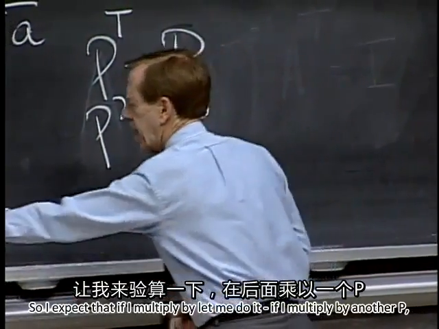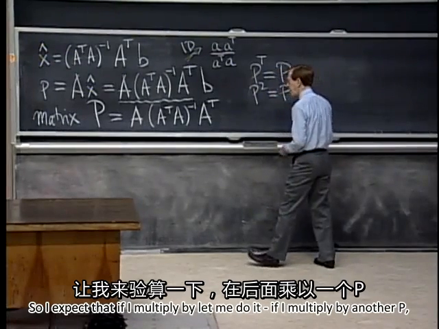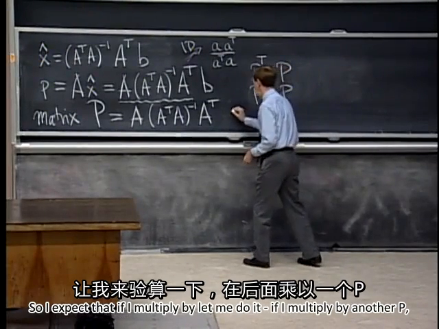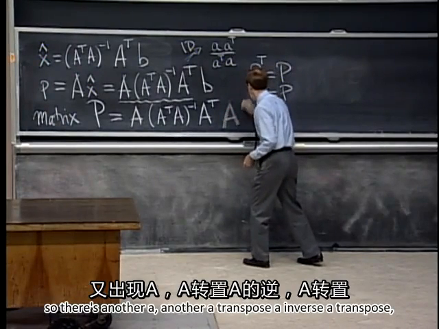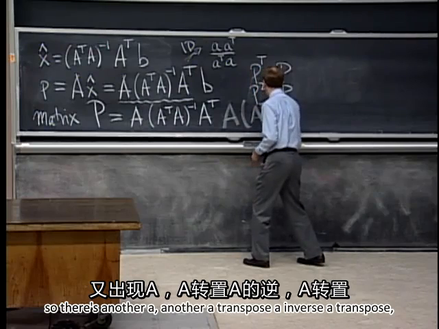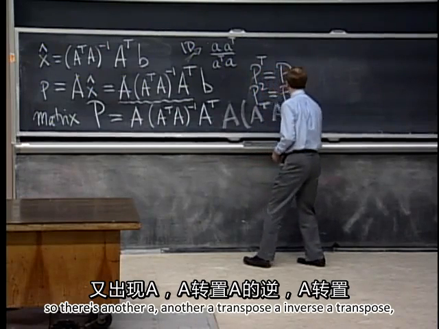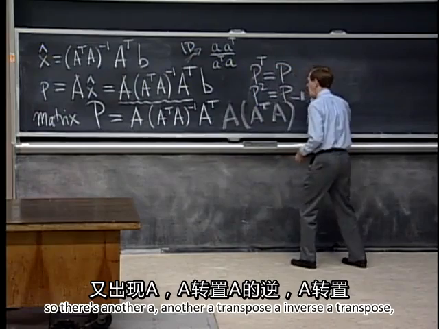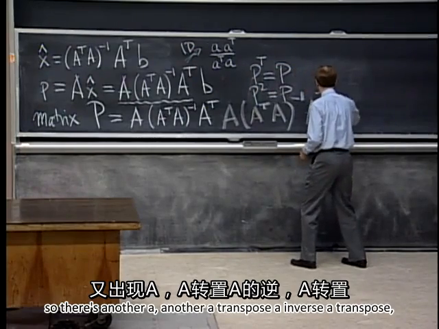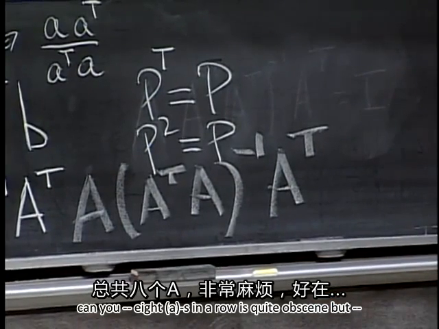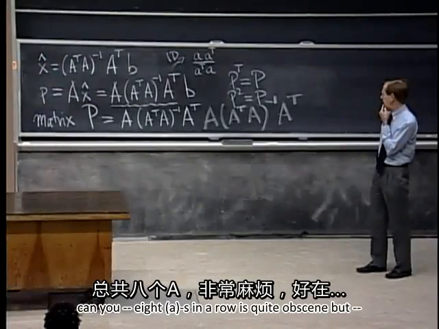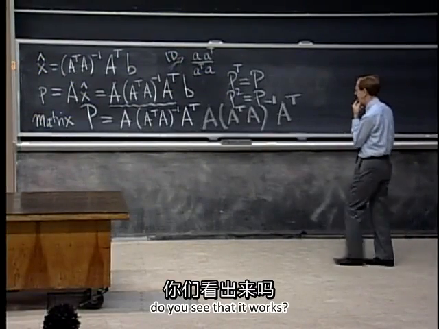So I expect that if I multiply by another P, so there's another A transpose A inverse A transpose, eight A's in a row is obscene, but do you see that it works?